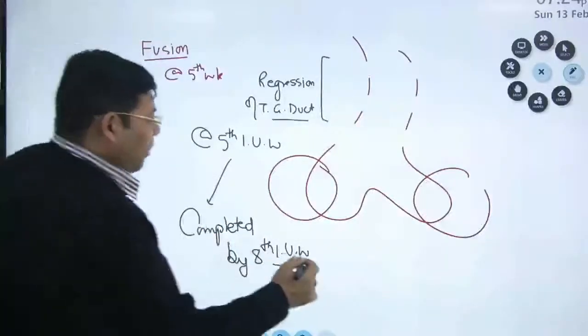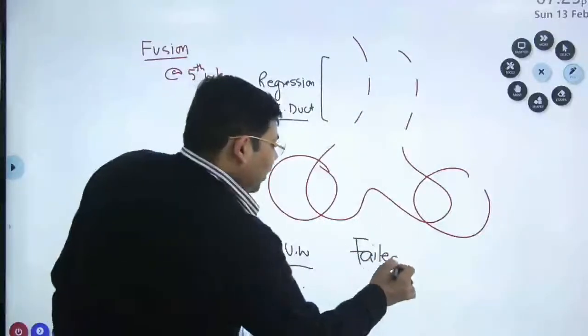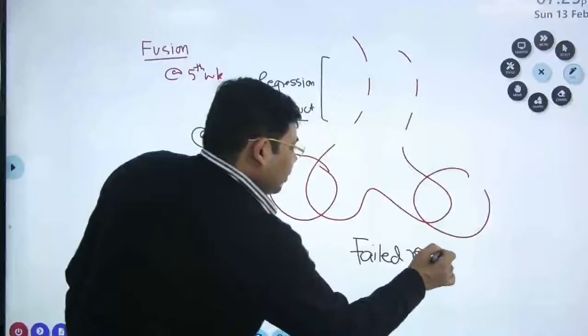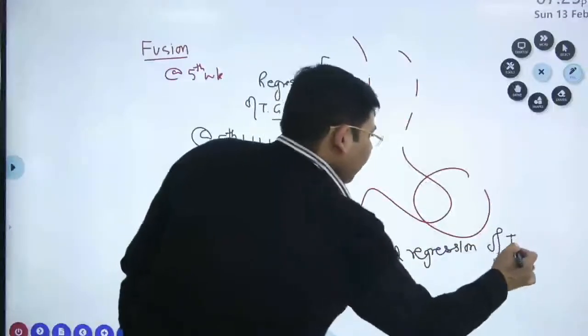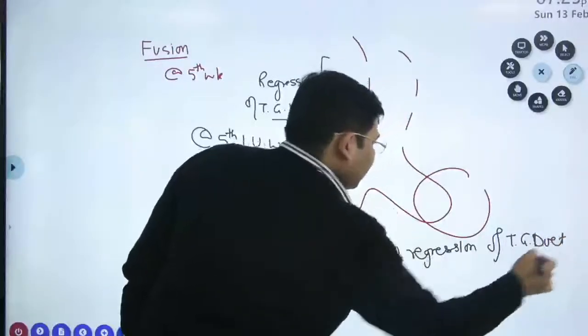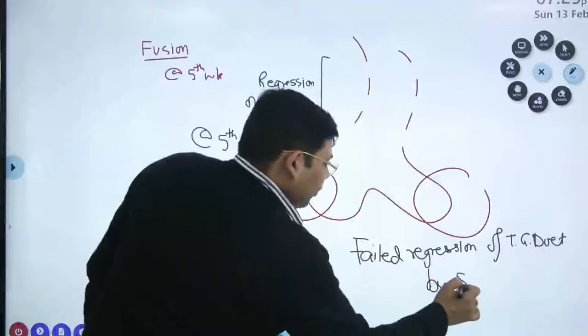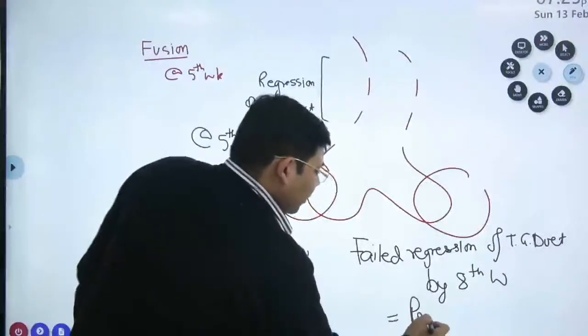So always remember that failed regression of the thyroglossal duct by the 8th week of life is going to result in a persistent thyroglossal duct.